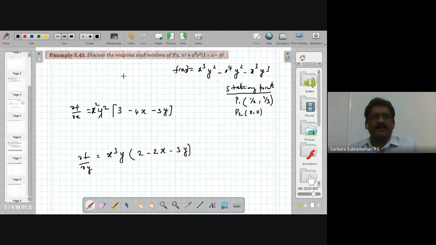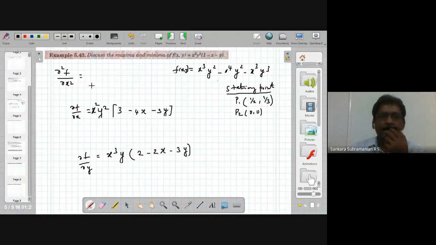Can you find dou square f by dou x square? How do you find it out?